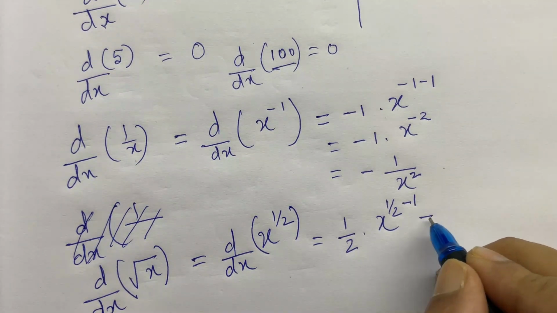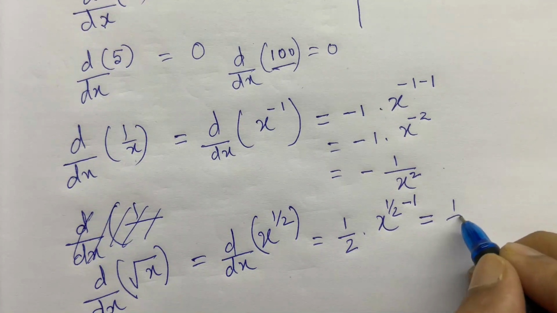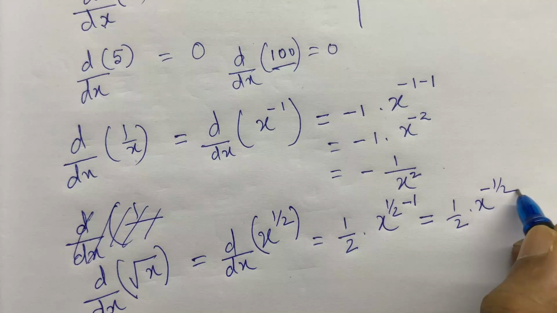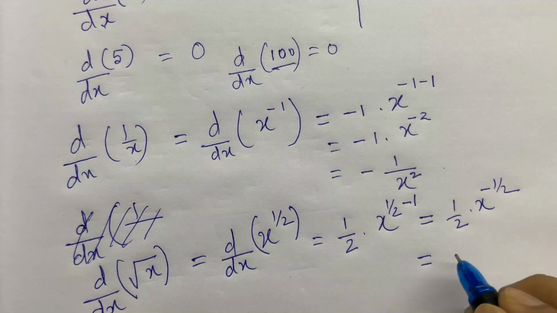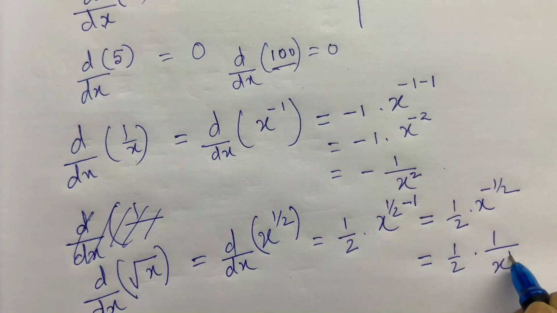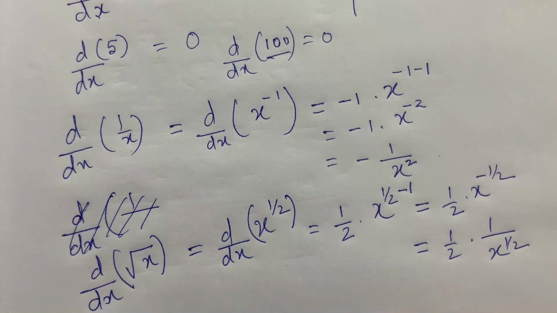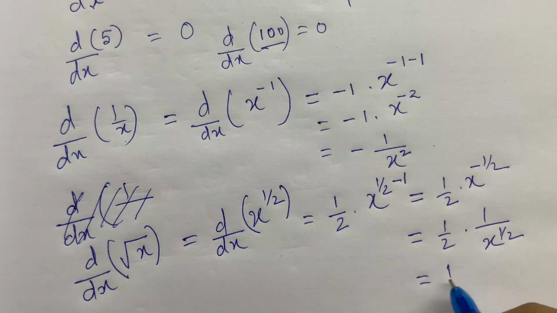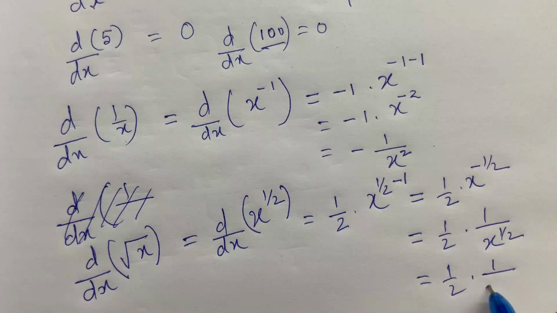So it will give you half into x to the power minus half, and as I told you, if you take this in the denominator, it will be plus half, and this is nothing but root x. So d/dx of root x is 1 by 2 root x. Okay, so this is one more formula.